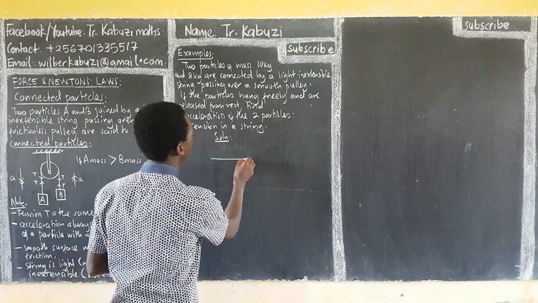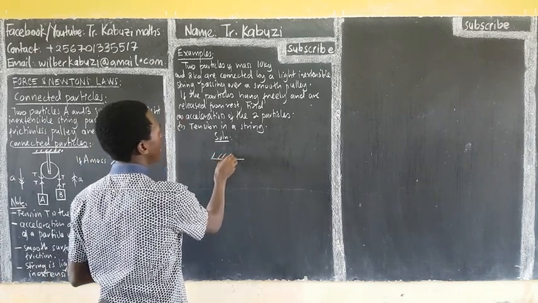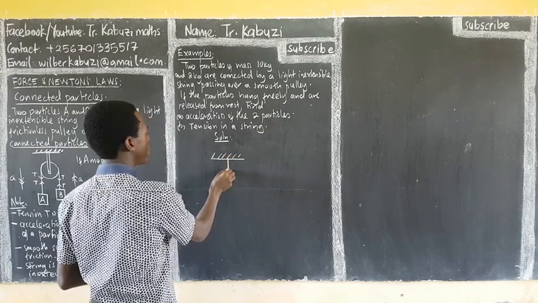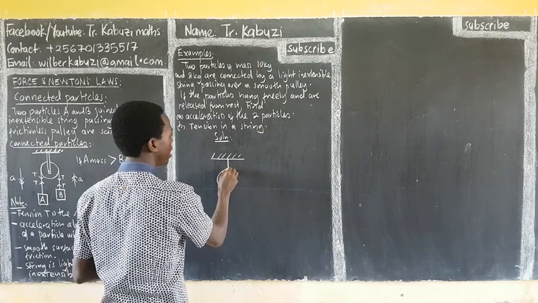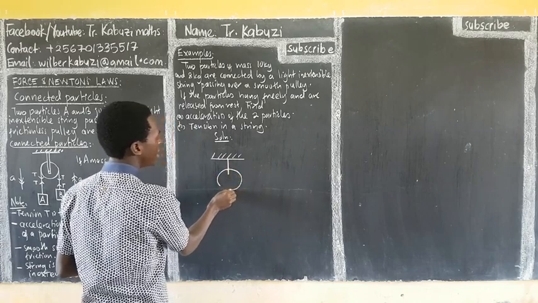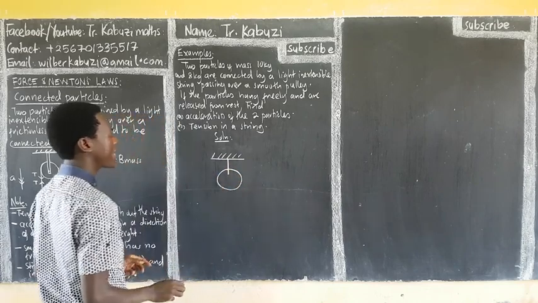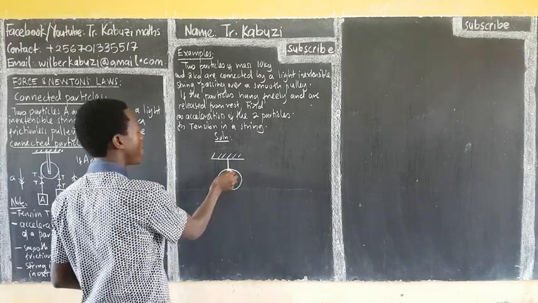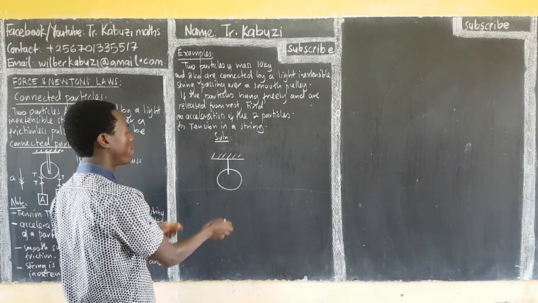I start by drawing where the pulley is going to be, like this. Don't design, we are not in art. That's enough, that's my pulley. Then remember, there is going to be a string connecting two particles.